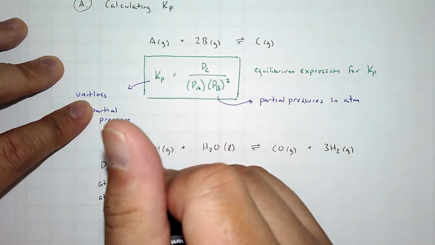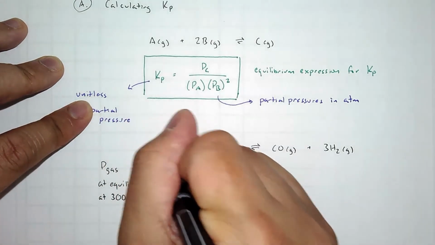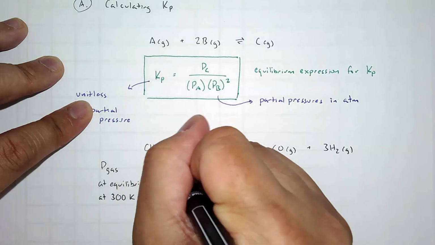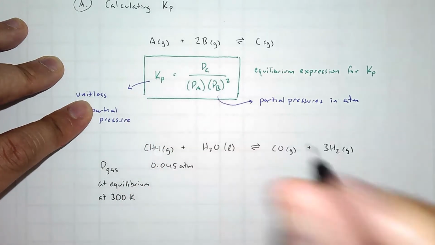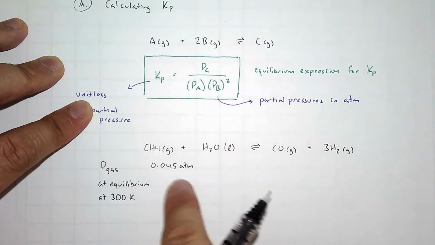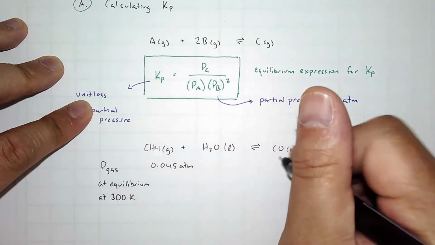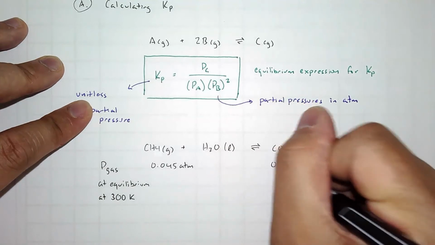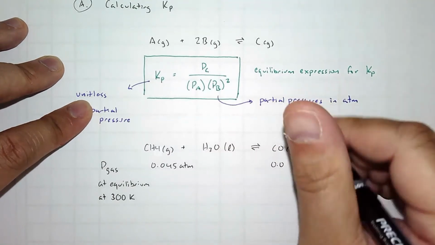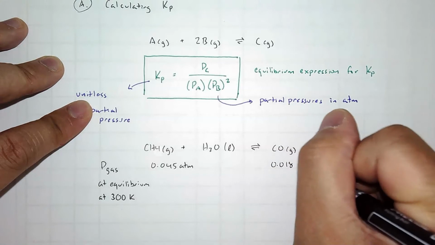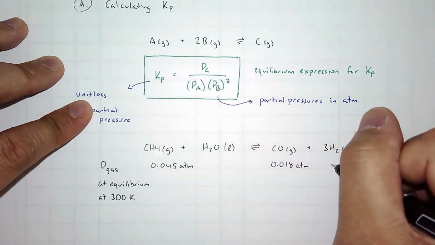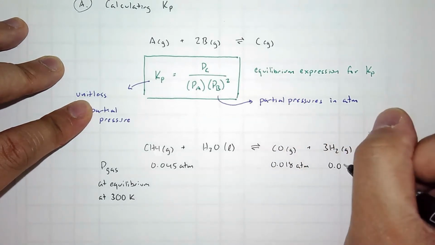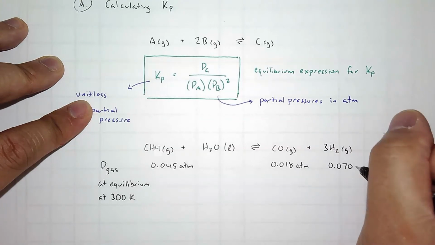Let's use 0.045 atm. Okay, and we're taking these numbers as at equilibrium. This is a liquid, so there is no partial pressure. 0.018 atm and 0.070 atm.